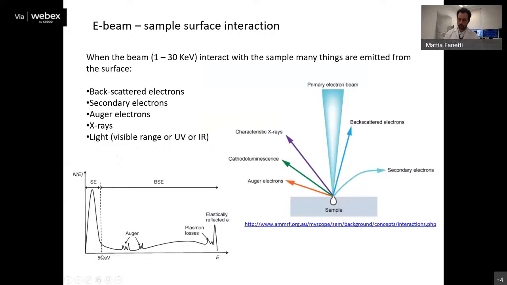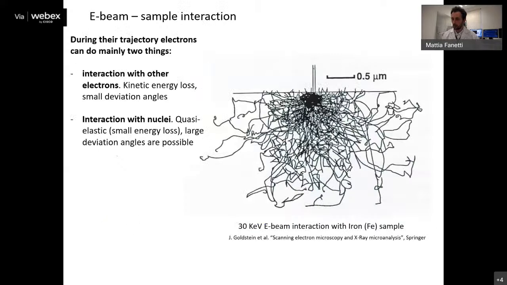This is not a sharp number. You can also have 70 or something like this. But anyway, in the low energy region, you have secondary electrons, and then we will see what they are. And we have also Auger electrons. Let's go step by step. So what happens when the incident beam is coming inside the sample?